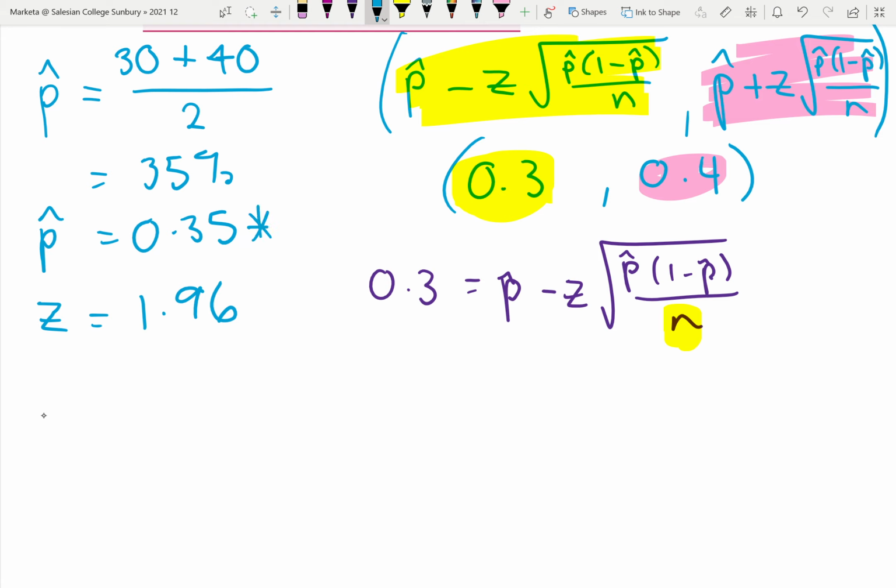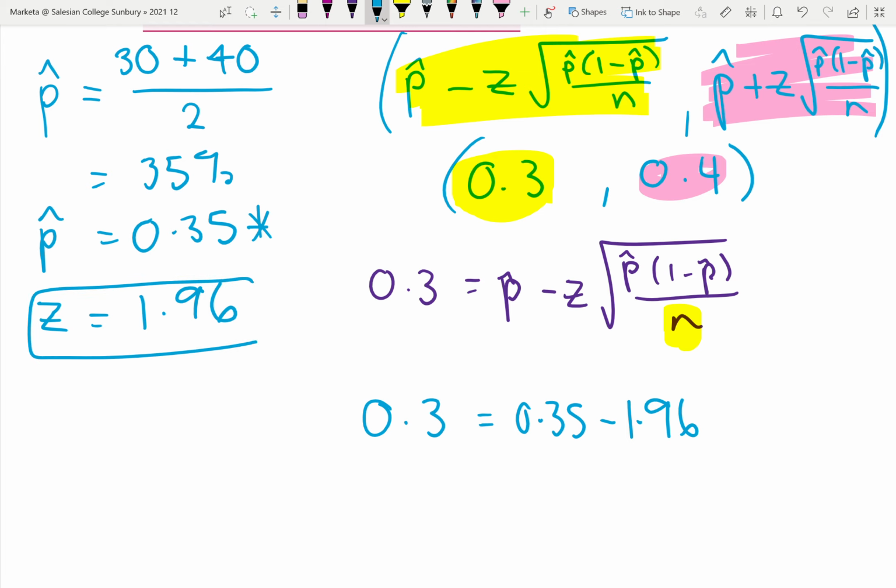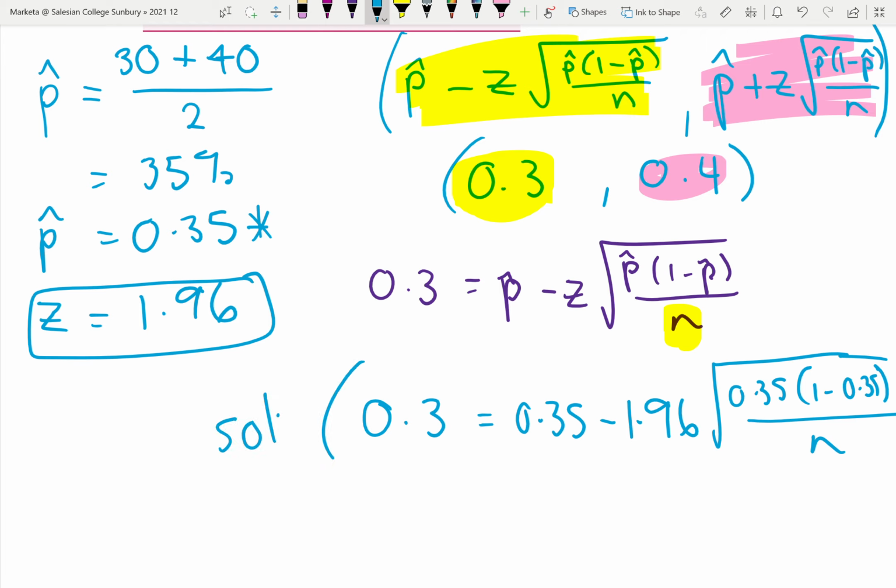So let's sub in the values. 0.3 equals 0.35 minus Z, 1.96, because it's a 95% confidence interval. If it was a different confidence interval, you need to account for that. Root p hat 0.35 times 1 minus 0.35 over n. And n is what we're trying to find. Of course this will be a CAS question, so you can just solve this on CAS.